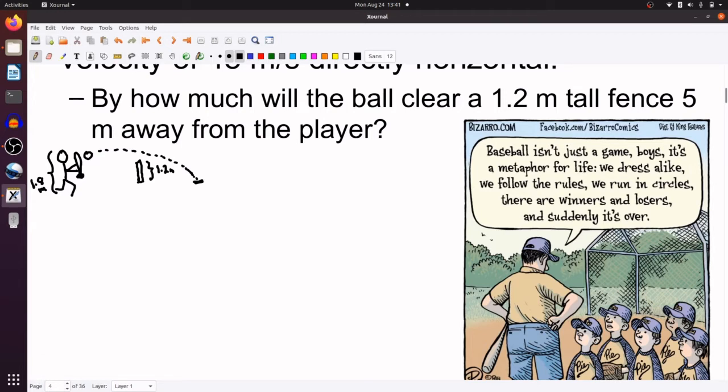Remember that if we hit it at an angle, we'll have our initial velocity v naught, and then two sides of our triangle, our horizontal velocity and our vertical velocity, v naught x and v naught y.